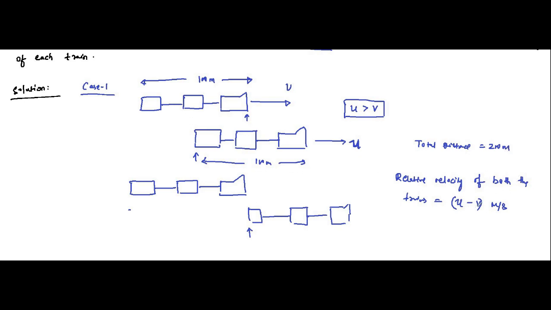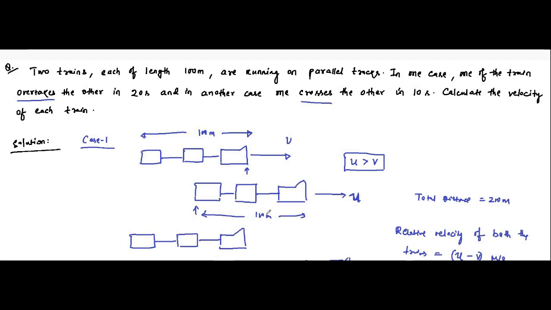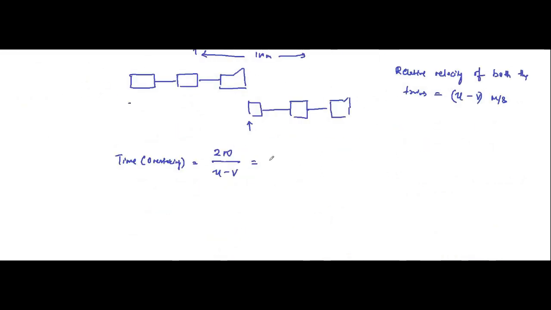So the time of overtaking will be equal to distance by relative velocity. So it is 200 by u minus v, which is given as 20 seconds. This is the first case, the first equation.